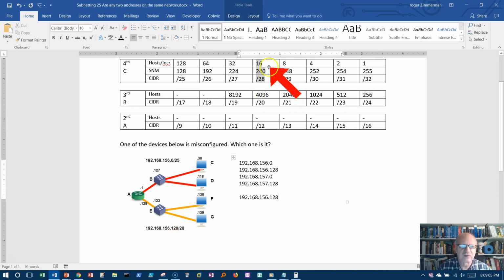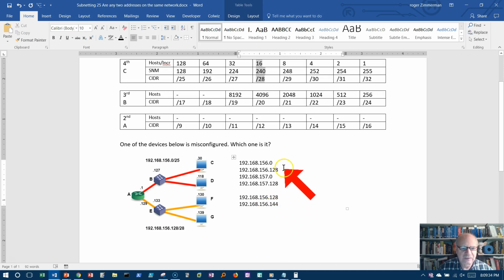Again, /28. So we're incrementing 16 in the 4th octet. 192.168.156. Now we have to add 16. So let's see, what is that? 128 plus 16 is 144 would be next. And we don't have any higher than 144. So it looks like I have all the information I need here to figure this out.